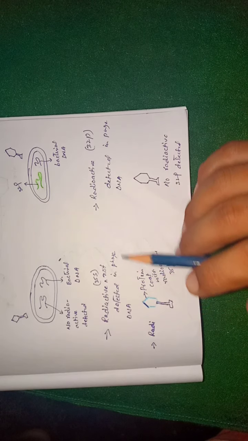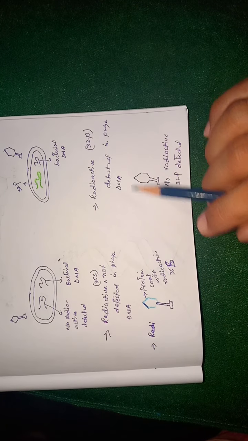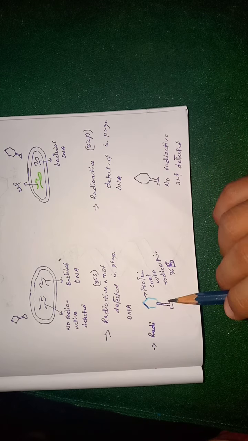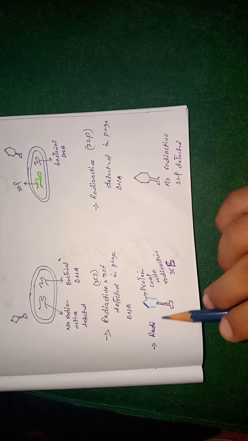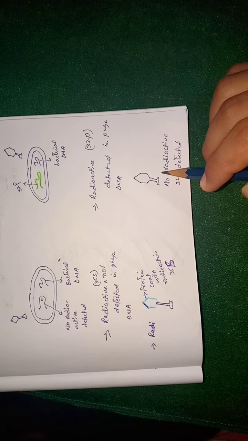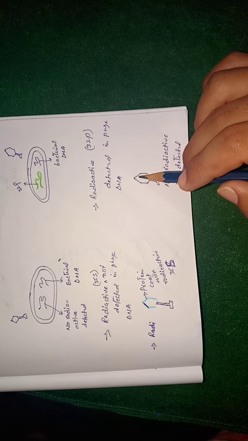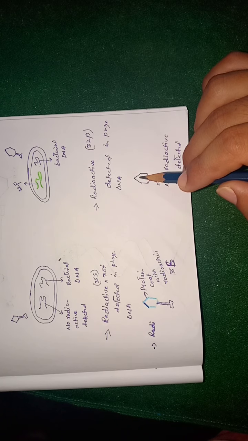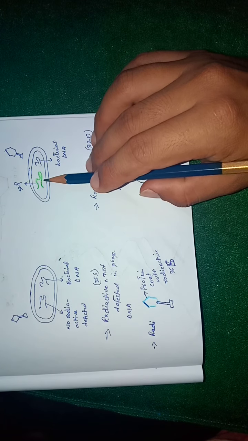After some time, they isolated the phages and found that in the first culture the phages contain the radioactive sulfur in the protein coat, but in the second culture no radioactivity is found, because the radioactive phosphorus present in the DNA was released inside the bacterial cell.